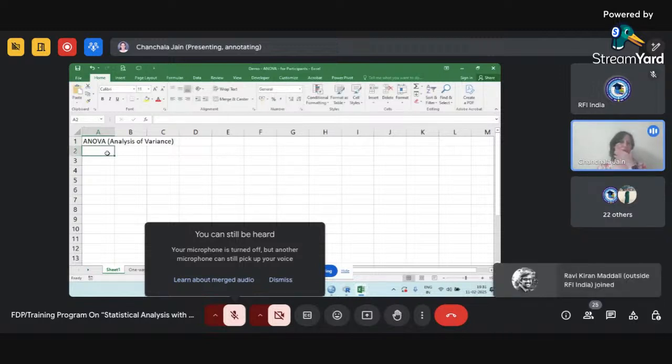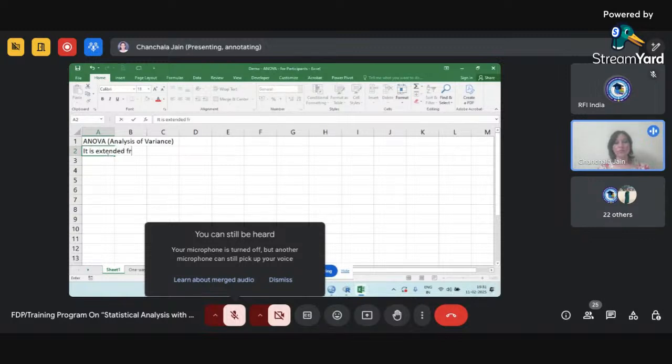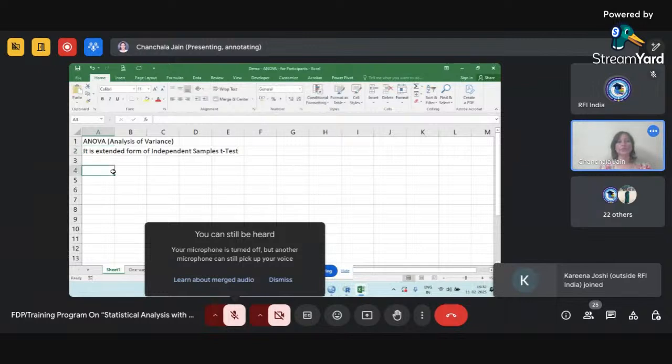Now, ANOVA is nothing but an extended form of the independent samples t-test.